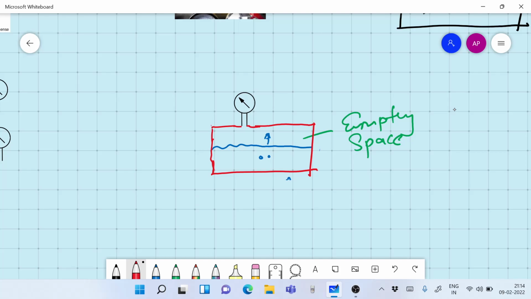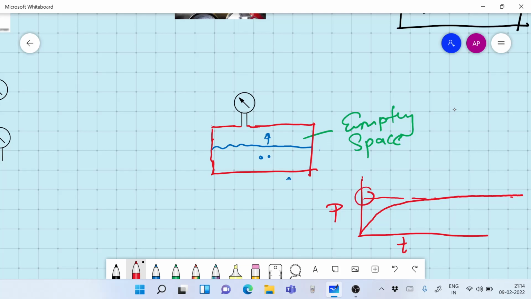Initially, when you put it, the pressure gauge is going to read 0. Now it will rise up with respect to time and it will flatten and become a constant, straight line, and this would be a constant value of pressure that you would get.